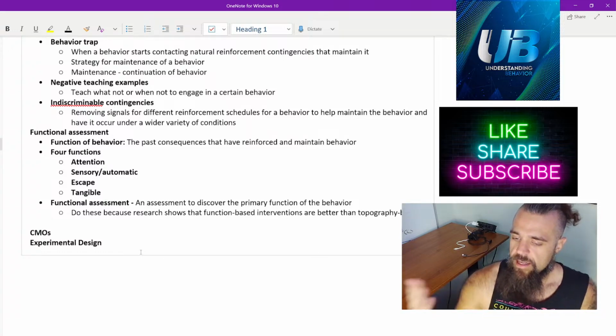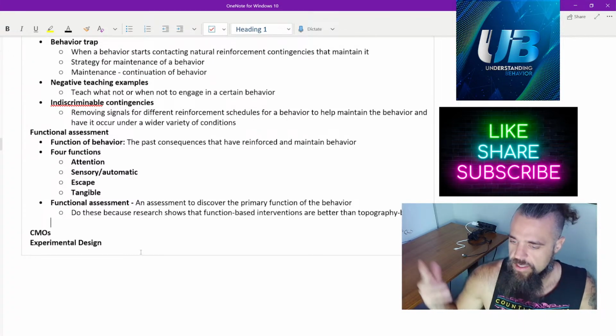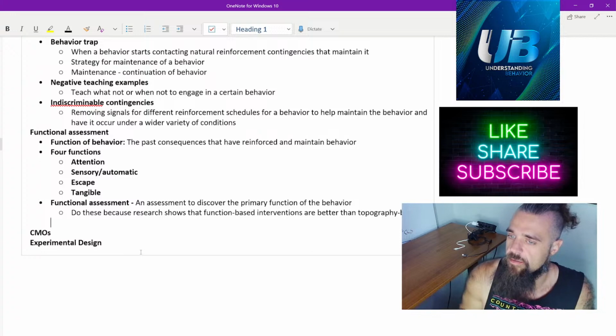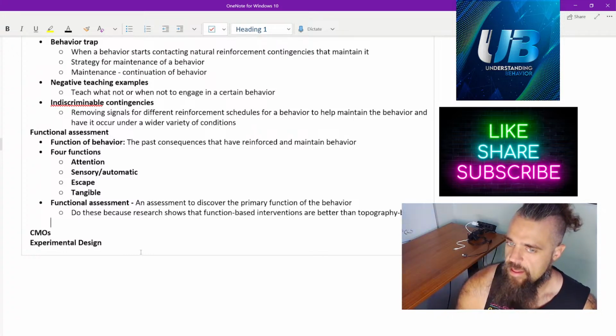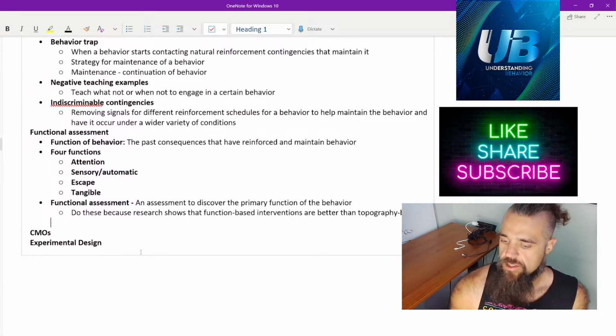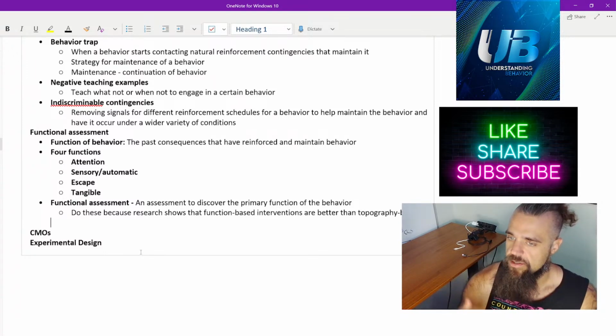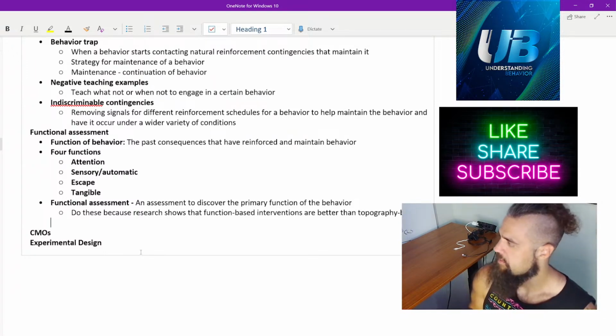So if one of their clients peed themselves, they would just have them sit in their diaper or sit in their wet pants for an extended period of time. So it's topography-based, and research shows that it's terrible. And then we need to do function-based intervention, so discover the why, and then base our clinical interventions off of that why to be more effective.